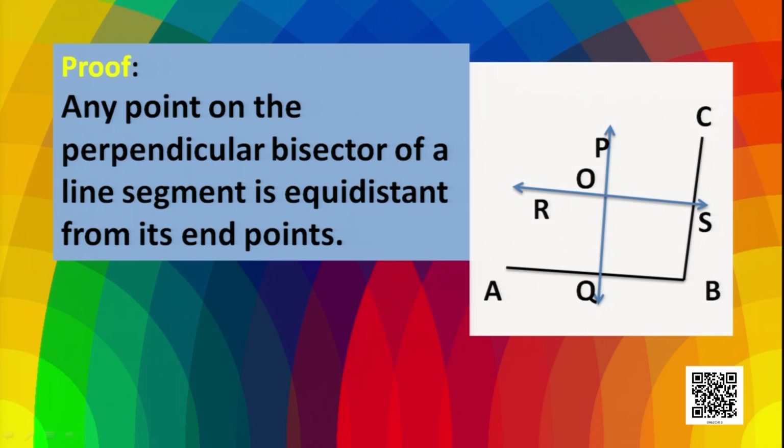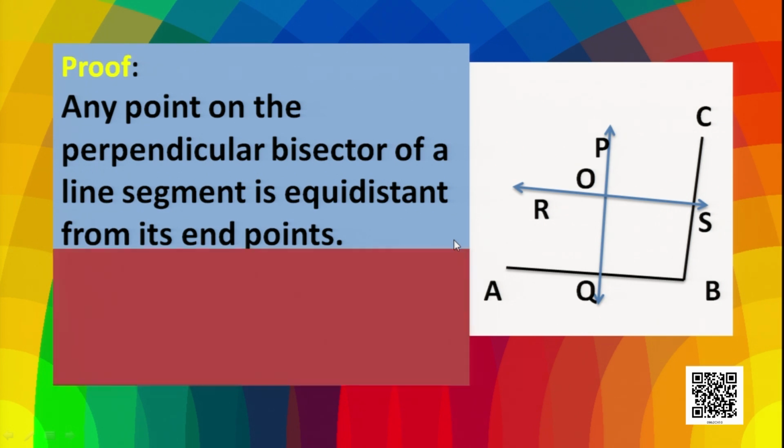You see, as PQ is the perpendicular bisector of AB, any point which lies on this line is equidistant from A and B. Similarly, as BC is the line segment and RS is the perpendicular bisector of it, any point lying on RS is equidistant from B and C. So this is the fact.